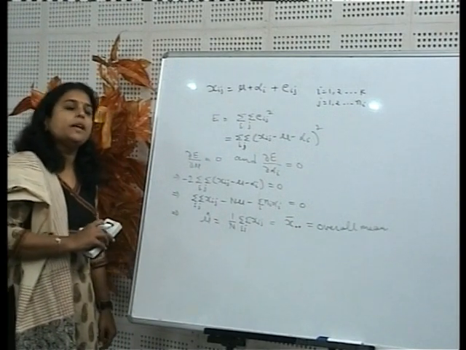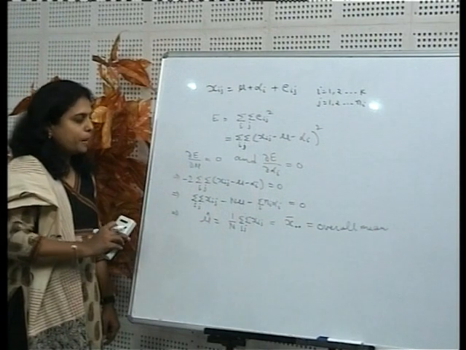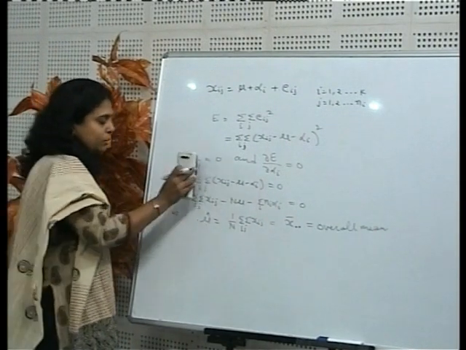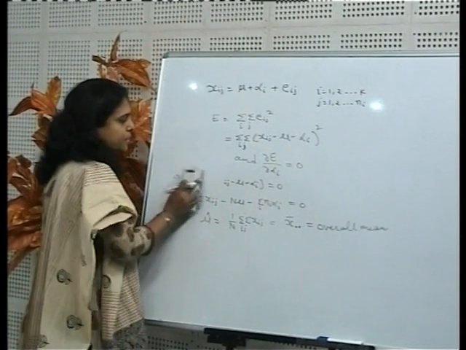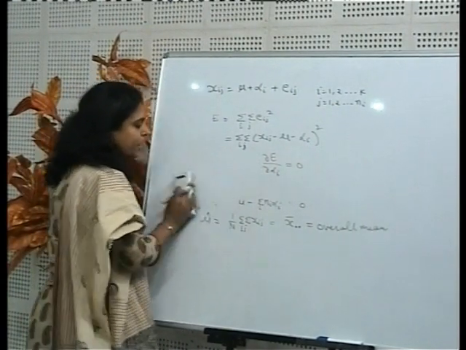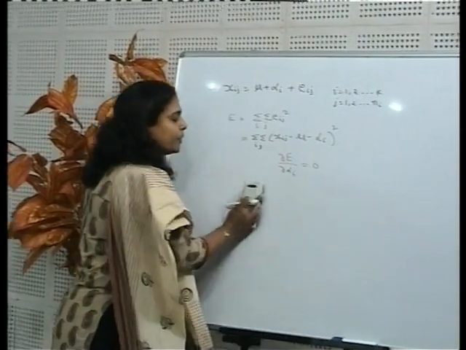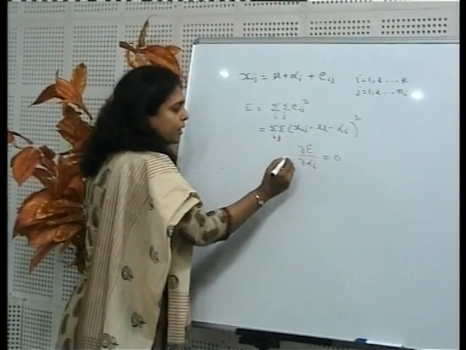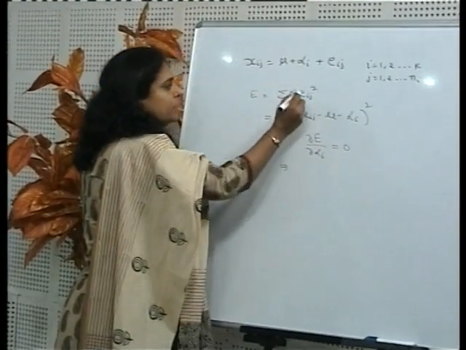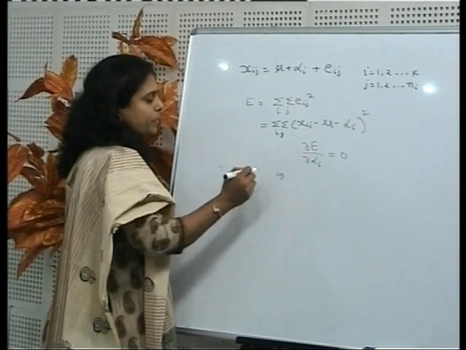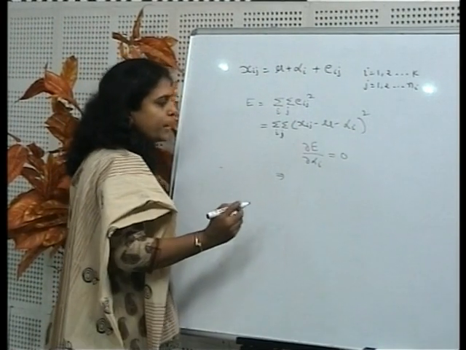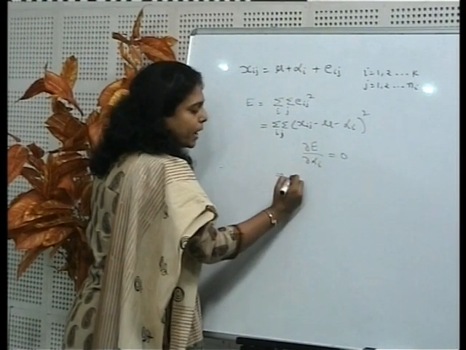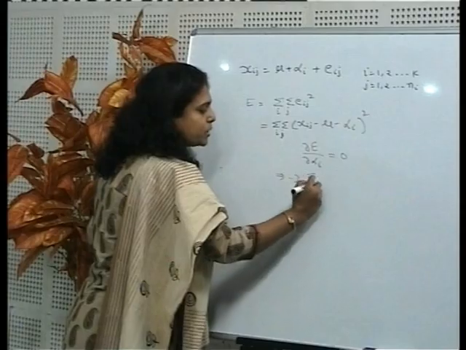Similarly, we can obtain the estimate of alpha i using the same procedure. So now let us find the solution of the second equation, that is del E by del alpha i equals 0. Now when we differentiate with respect to alpha i, the other alphas will remain constant in E, that is double summation Eij square, and hence we get the coefficient of alpha i as minus 1, so we will take minus 2 outside.